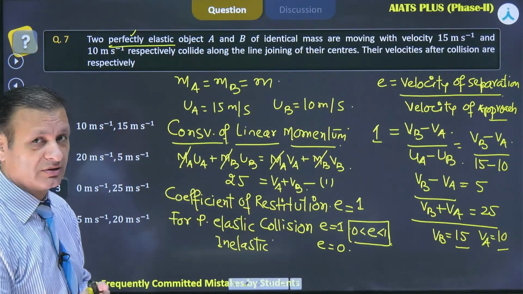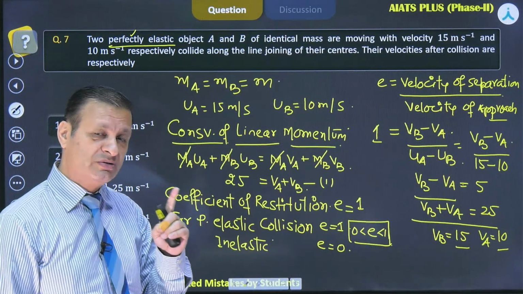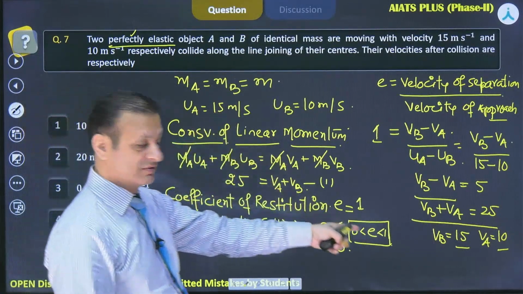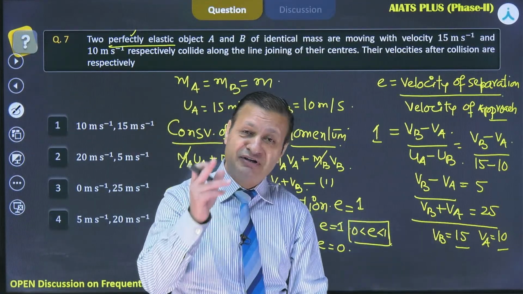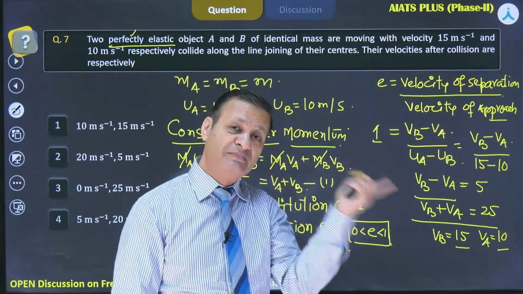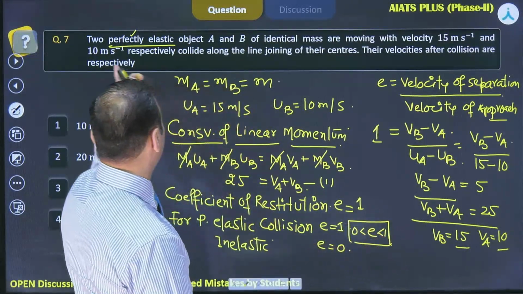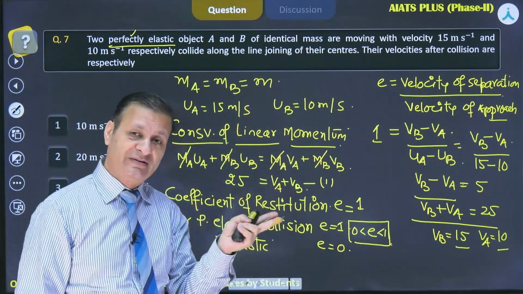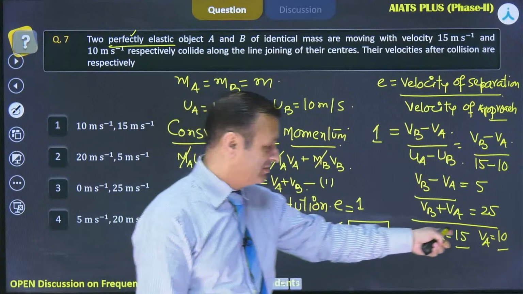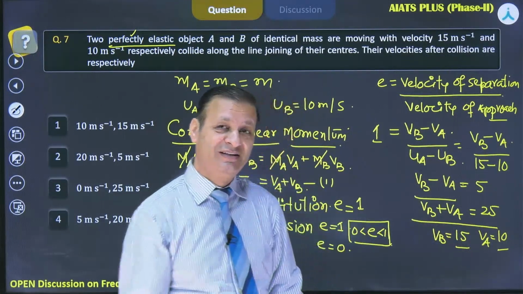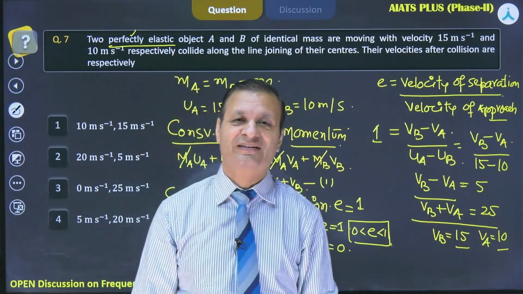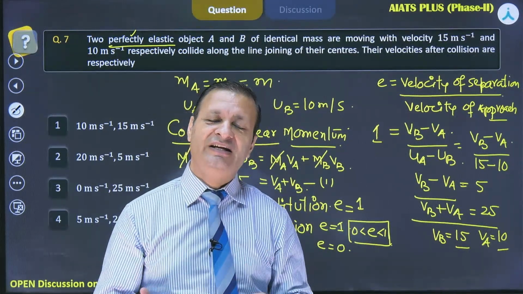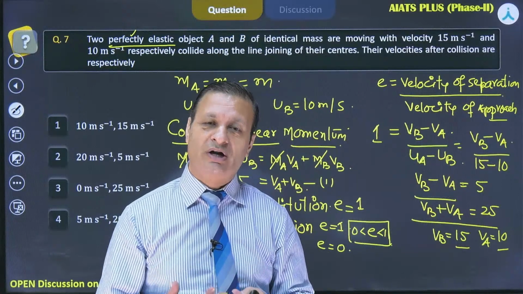Interesting point. Have you ever noticed one interesting situation? UA is 15, but the final speed of the second particle, VB, becomes 15. UB was 10, and this is the final speed of particle A. So a very interesting relation has come to our notice.